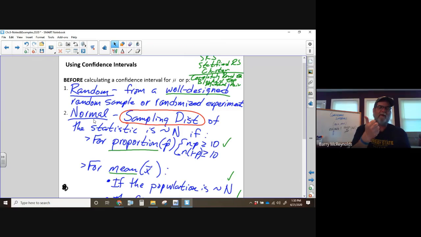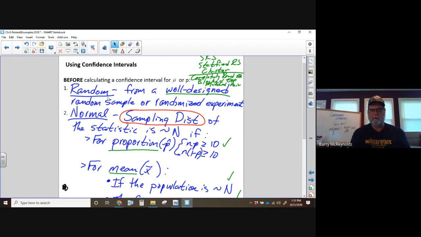Does the data come from a random source? Does the data come from a normal distribution, either a normal population, or we took samples and our sampling distribution is normally distributed? And then the third thing is, are our samples independent? In other words, is the 10% condition met? So this list is on page 479 of your textbook, so you might want to put a sticker there.